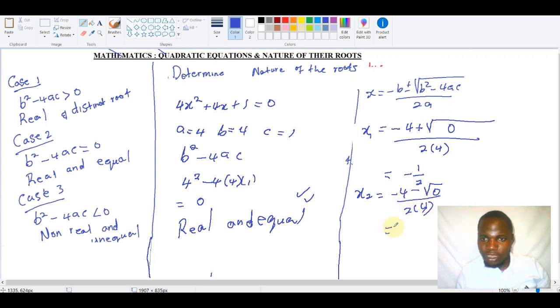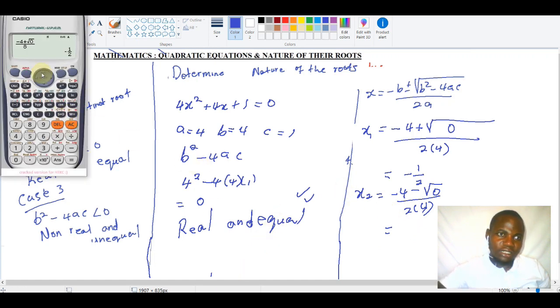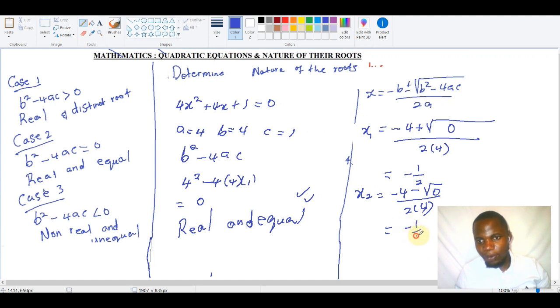Then you use your calculator. Our calculator assists us. Where there was a plus, you change that plus to be a negative. Then the answer becomes negative 1 over 2.